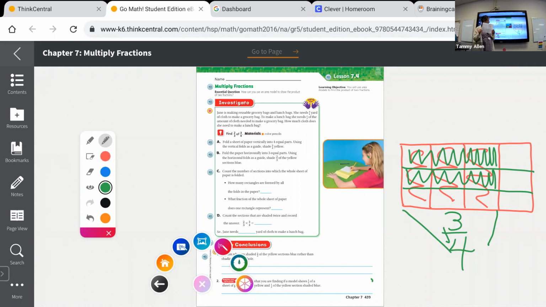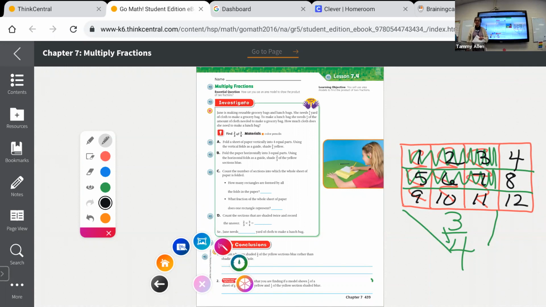Look at your rectangle. It's one piece out of how many, Piper? 12. One piece out of 12. Does that make sense?